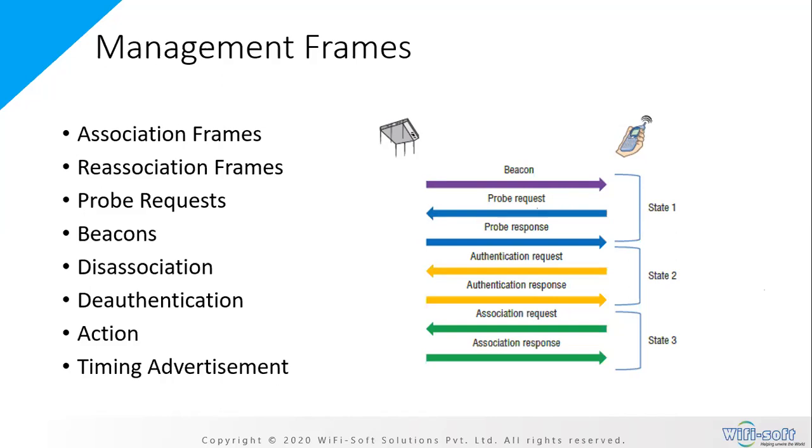If you get a successful authentication response, it will then do something called an association with the access point. Those who are interested can go into the technical detail of the frames that are exchanged, but essentially this is how the Wi-Fi device gets connected to an access point.